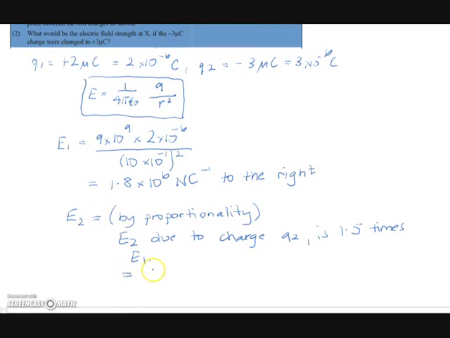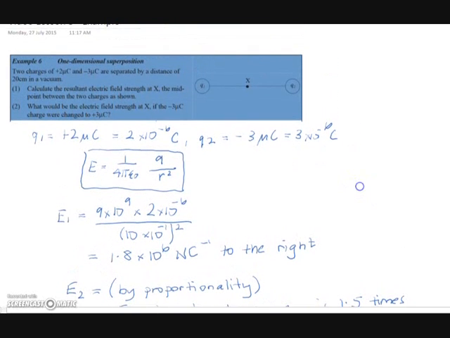And if we did that, E2 would be equal to 2.7 times 10 to the 6 newtons per Coulomb. And again, if we look at our diagram up here, this charge is negative, which it is, it's negative 3 microcoulombs.